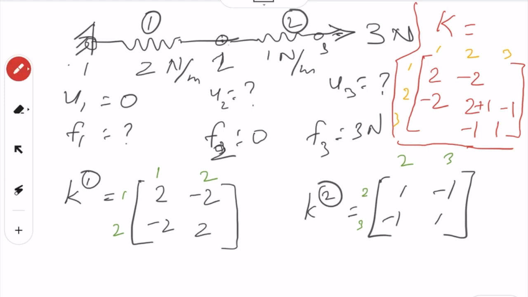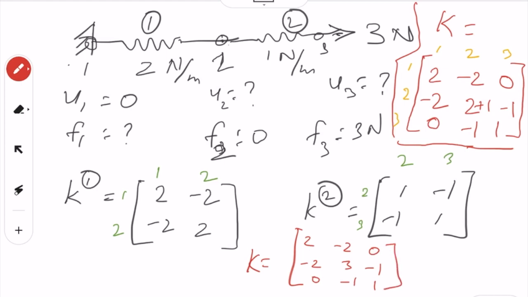So we have completed all of these already. Wherever you see blank, that means it is 0 there. So we will write 0 here and 0 here. We have assembled it, and simply what we get is K equal to 2, minus 2, 0; minus 2, 3, minus 1; 0, minus 1, 1, like this.